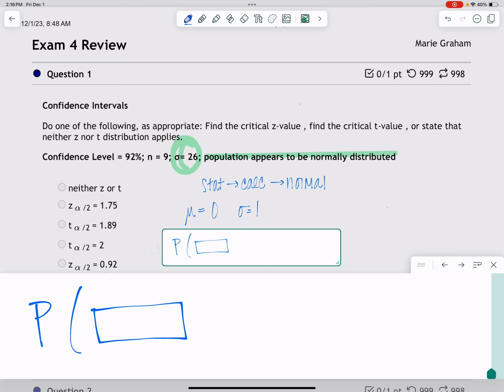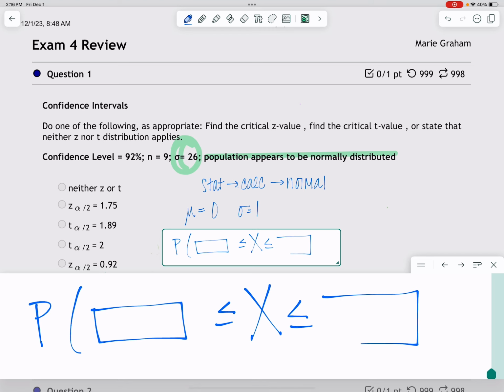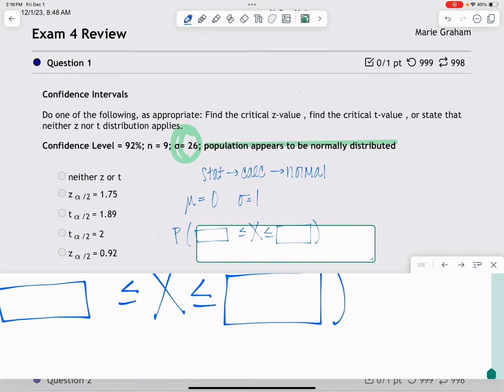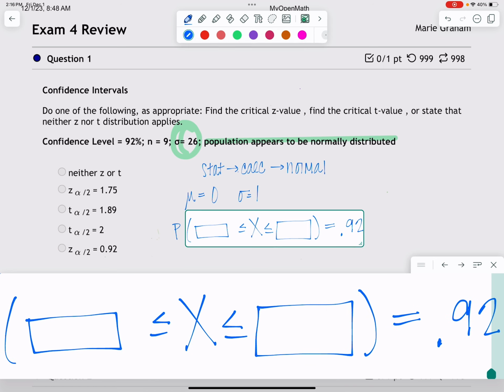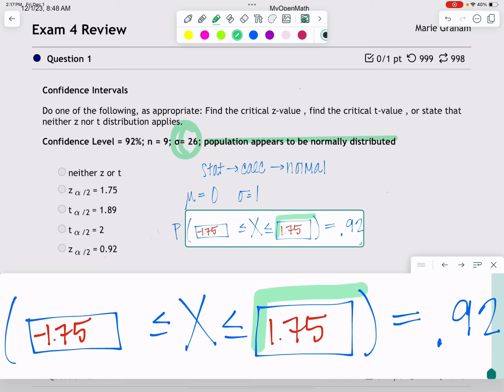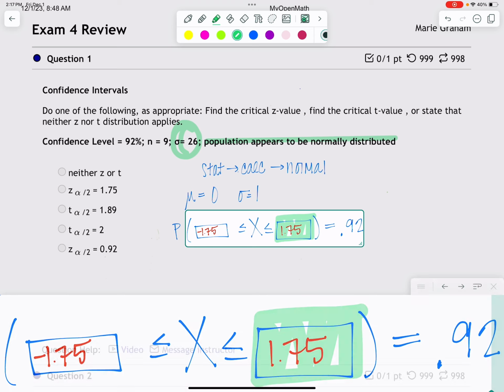Because we chose between, it looks like this. And in the very back, I entered my 0.92 from the confidence level in the problem. When I click compute, StatCrunch says, oh, there you go. The left z-score is negative 1.75 and some change. And the right critical z is 1.75 and some change. Always choose the positive one when you're looking for a critical z. So this is the one we're going to go with.